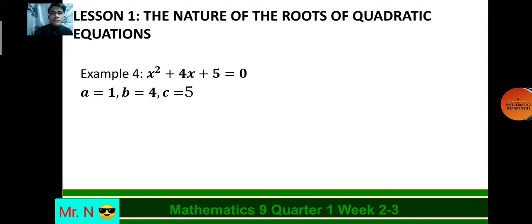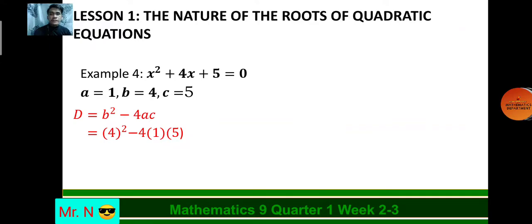Now let's substitute all the values in the formula. B squared minus 4AC. B is 4, A is 1, and C is 5. Ayan, sinubstitute lang natin. No? Sinubstitute lang natin yung mga variables by its value. So we have now 4 squared minus 4 times 1 times 5. Solve na natin yan.